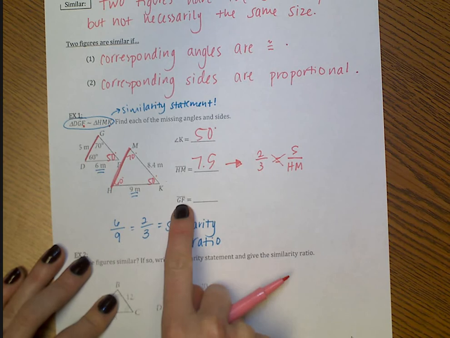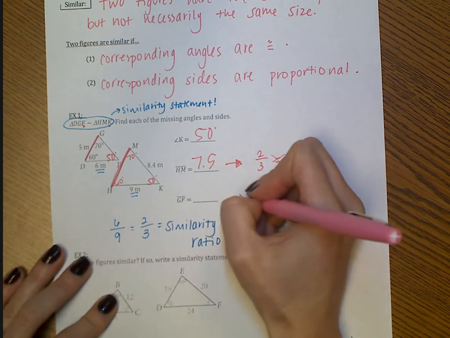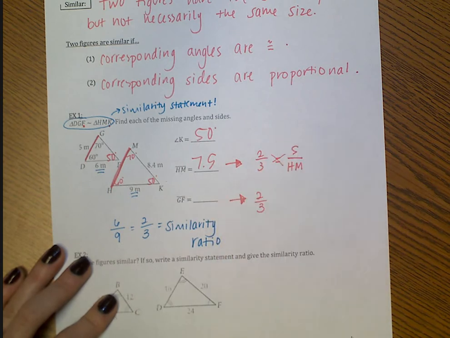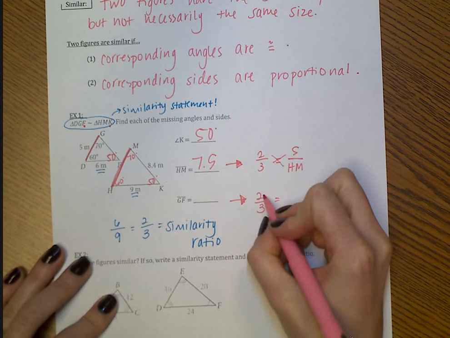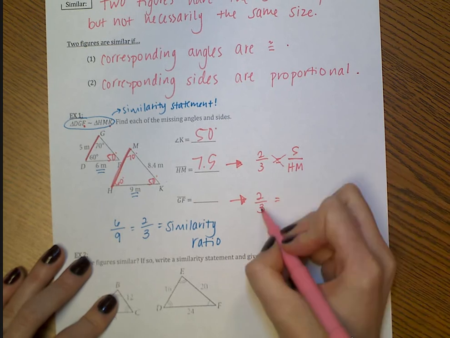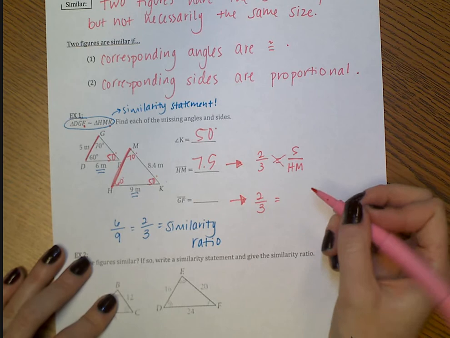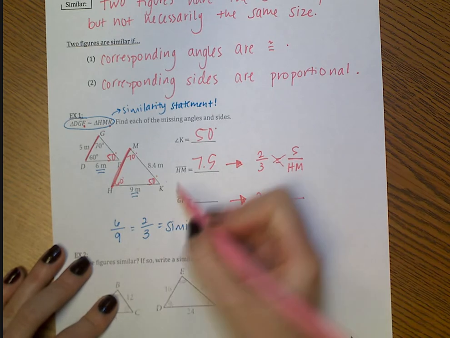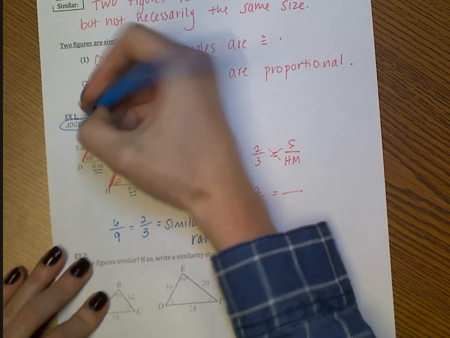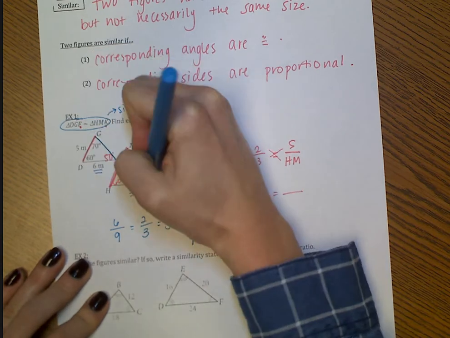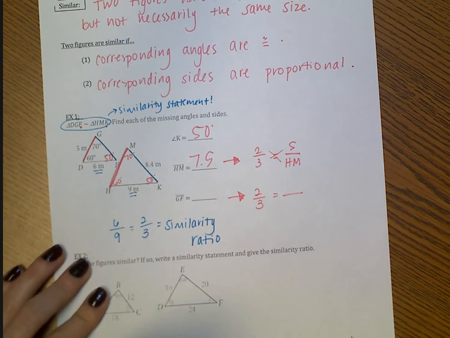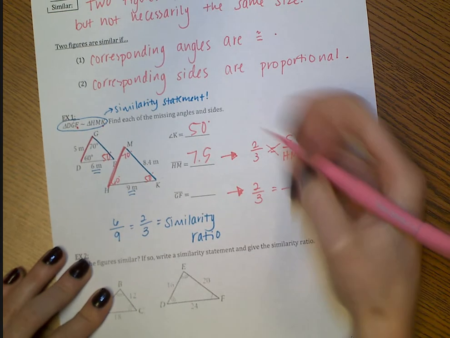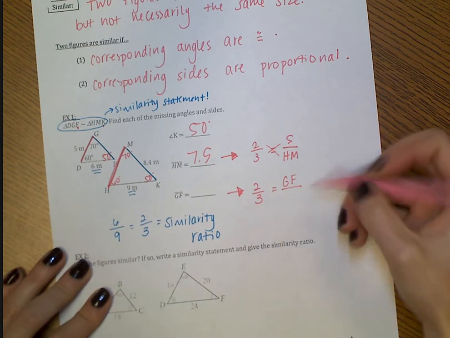I'm going to do the exact same thing to find GF. So the sides should all relate in the ratio of 2:3, 2/3. So on the other side of my proportion this time, let's see, GF goes with MK. So I don't know GF, and that's in the small triangle, so I'm going to put that on top.